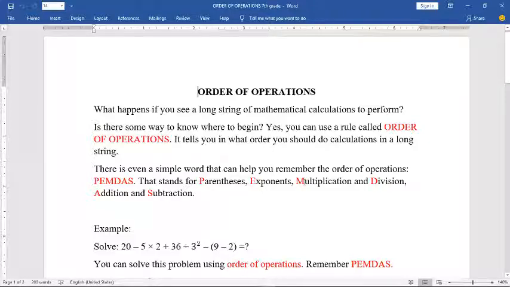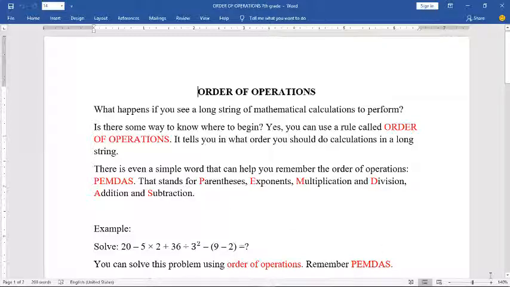And we have M, that stands for multiplication, and D for division. A stands for addition, and S stands for subtraction.